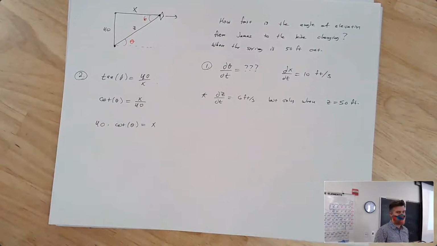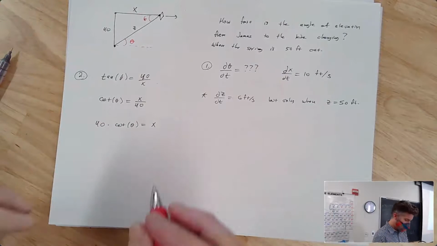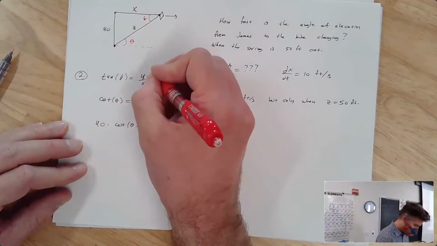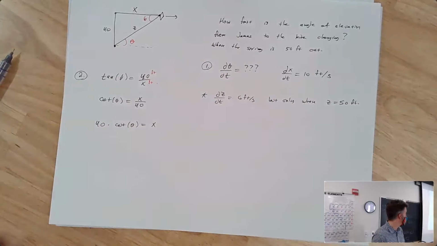Now I'm going to look ahead, because this can be a little bit confusing. I want to point out that tangent of theta doesn't really have any units associated with it. 40 feet divided by x feet doesn't have any units. There's no dimension there. And that's true about trig functions: they're always just ratios, one length divided by another length.